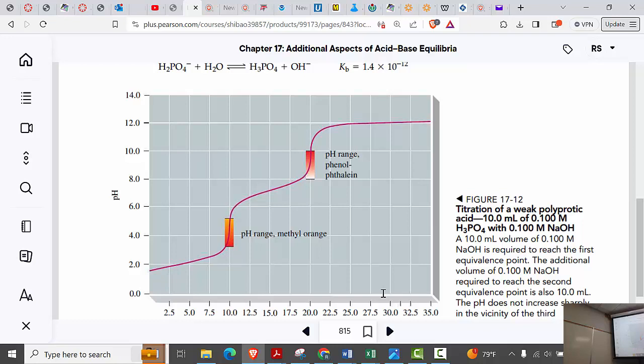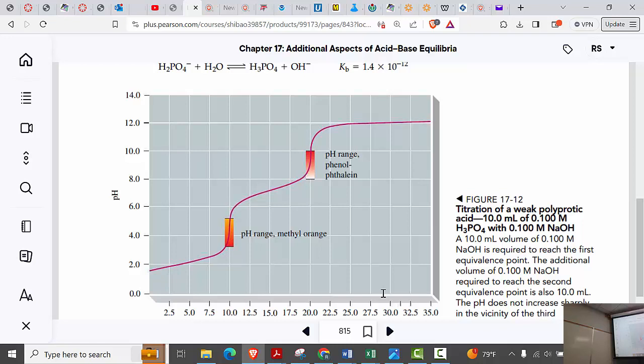Or we might have to go with higher than 1 molar, maybe like 6 molar sodium hydroxide. 6 molar sodium hydroxide is going to be at a pH above 14. And if we can get the pH to go above 14, we might be able to see it. So the complication here is we aren't going to see the third equivalence point because to get to the third equivalence point requires a pH higher than what we can achieve with the sodium hydroxide that we're using.